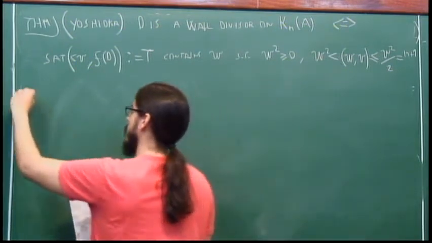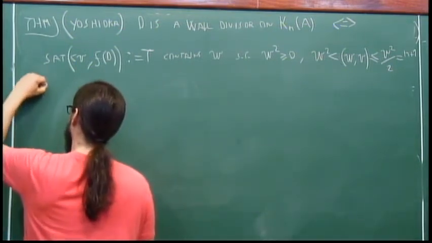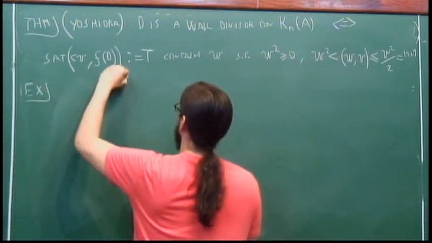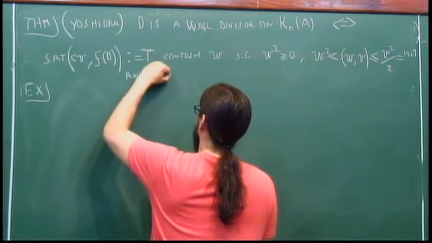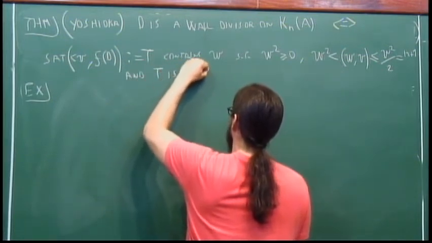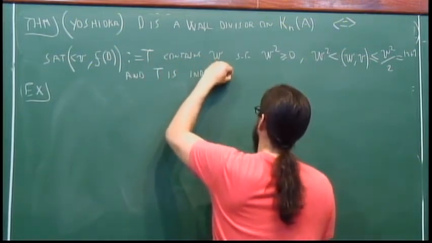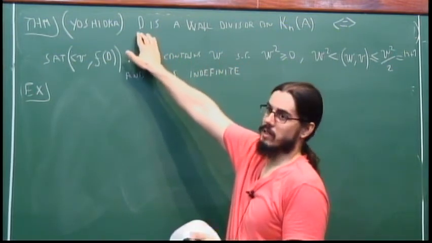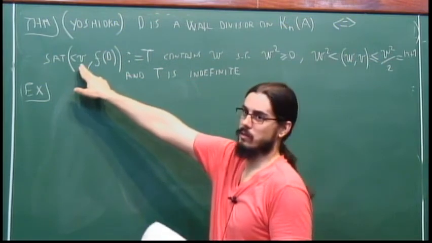So, as an example, T is indefinite, which is surely needed as a wall divisor has a negative square and V has a positive square.